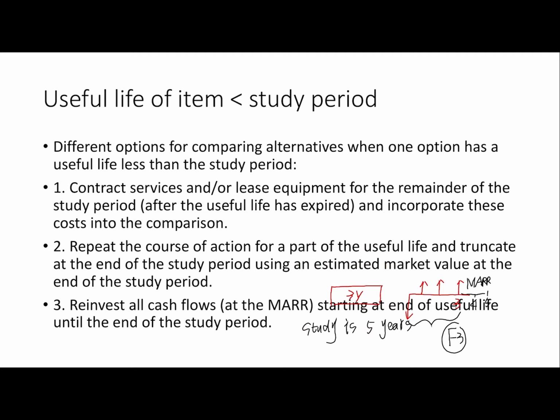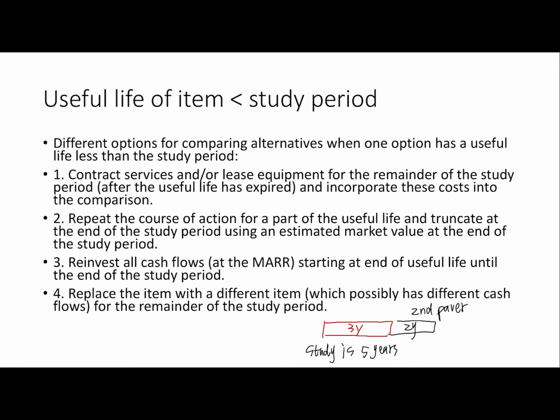Or you can let the alternative run for one cycle, then stop using that alternative, calculate all the cash flow at that time point, and reinvest it in another business at the MARR. And the fourth method is to replace the item with a different item, but that second item should be useful for the remainder of the study period, which is very hard to realize.